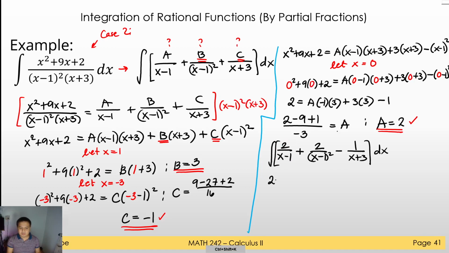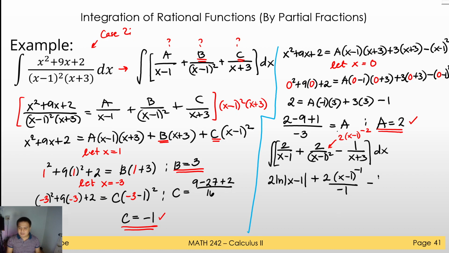So how do we integrate this? You just have 2 ln of x minus 1. How about this? Well, actually, you can rewrite this as 2 times x minus 1 raised to negative 2. So the integral here will be just, so plus 2, and then you have x minus 1 raised to negative 1 over negative 1. Okay?